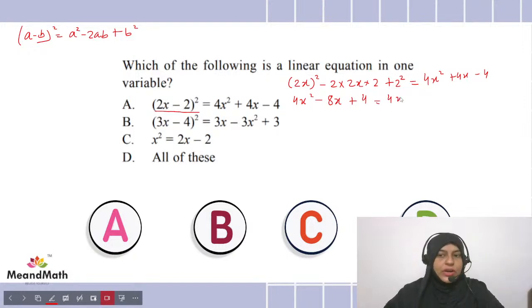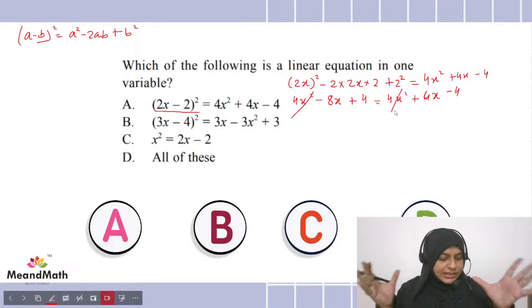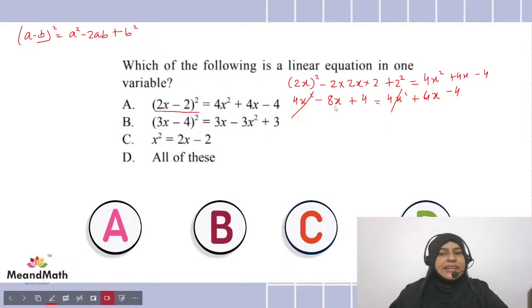Now it is 4x square plus 4x minus 4. Now you can see 4x square is cancelled with 4x square. Both sides have the same thing on the left hand side and right hand side. It will become minus 8x plus 4 and 4x minus 4.